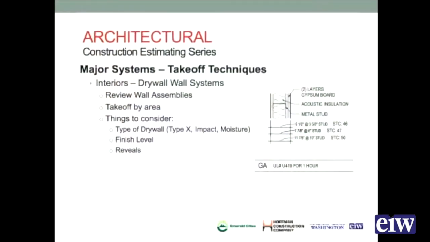Just like exterior walls, run through the openings. So take that area right through the openings, unless you have a large opening, maybe an interior, almost like an interior curtain wall at an atrium or something, that may span 20 feet wide and 12, 15, 20 feet tall.